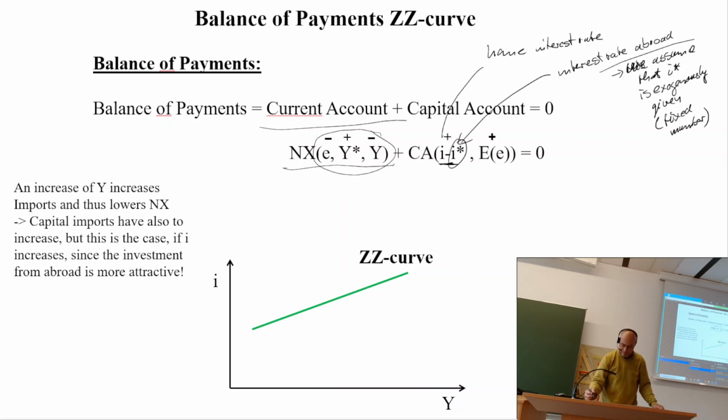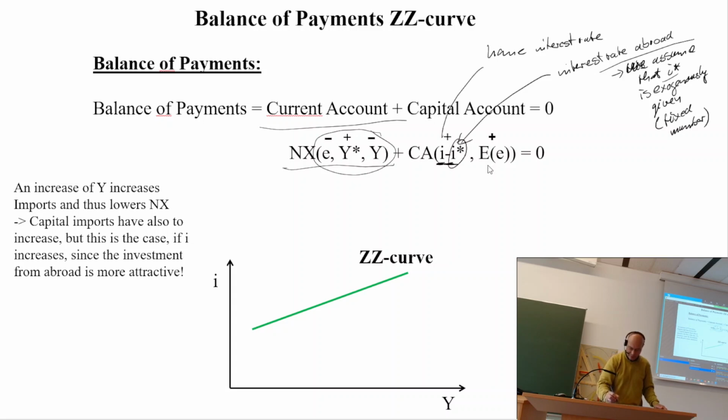Well, if we take this as a fixed number, then of course we can also say that the capital account is positively dependent on our own interest rate. If our own interest rate is increasing, then in general the capital account will increase.